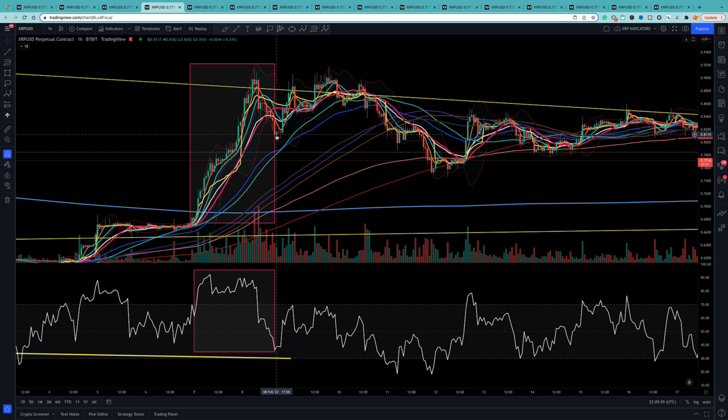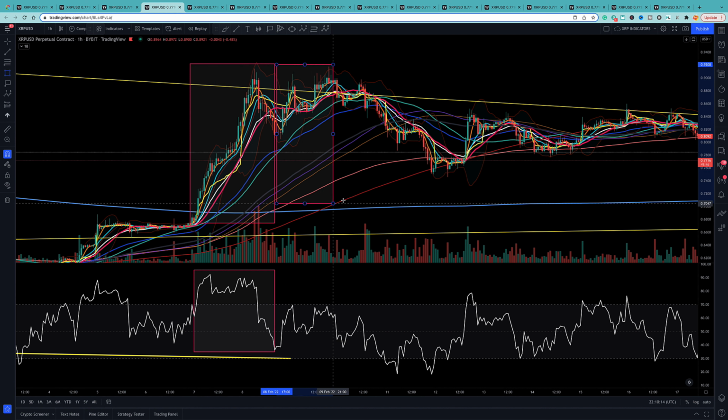So 3, 4, 5. So now let's have a look at this area here. From this bottom just to here.